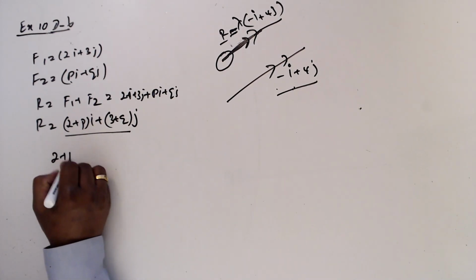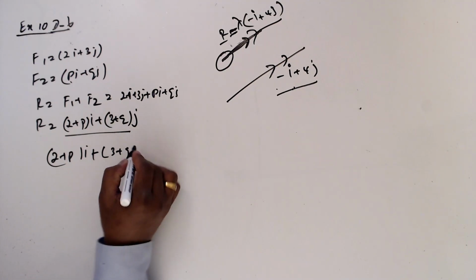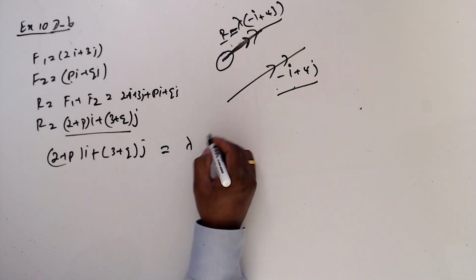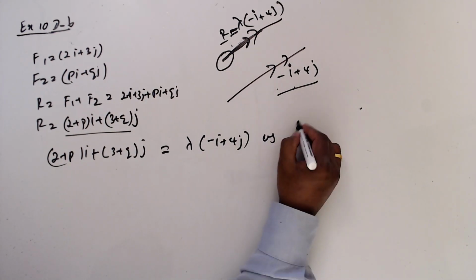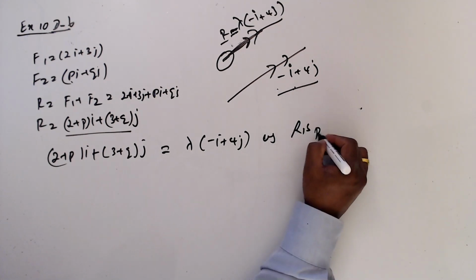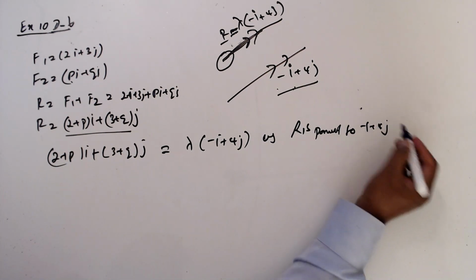Hence 2 plus p times i plus 3 plus q j equals lambda times minus i plus 4j, as R is parallel to minus i plus 4j.